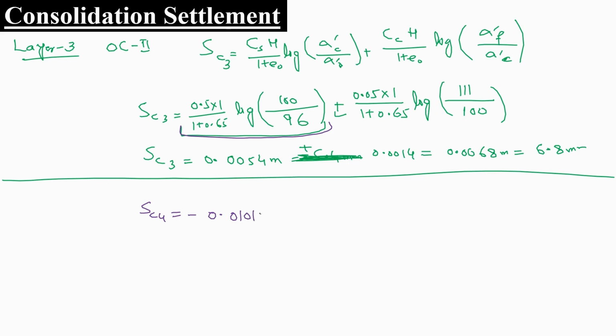So don't worry if you get a negative answer. It is minus 0.0101 meter, plus what is the answer of this part? We will find out the answer of this part as sigma f is 123 divided by the value of sigma prime c, which is 100, and the answer is 0.00272.